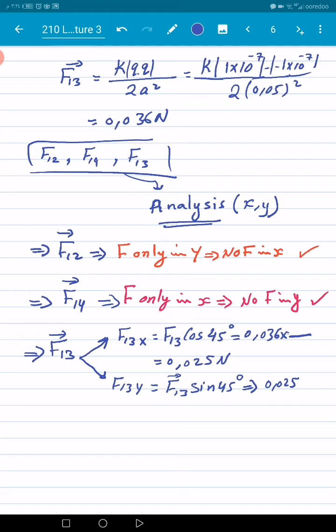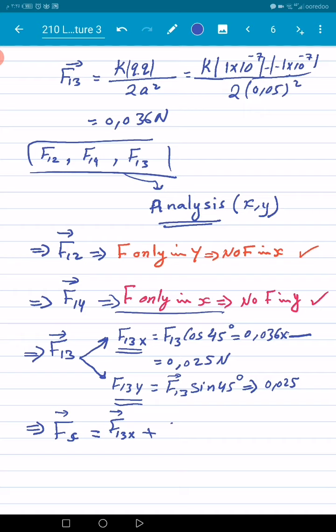So now the x's and the y's with respect to directions. That is for x, that is for y. Which one is in x, which one is in y? For the total x, Fx, it means F13x plus F14, which works only in x.